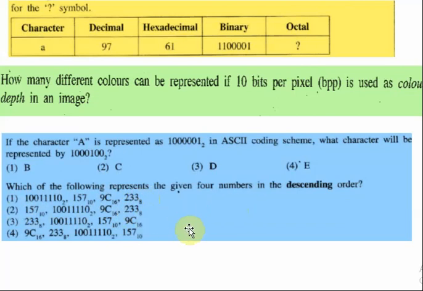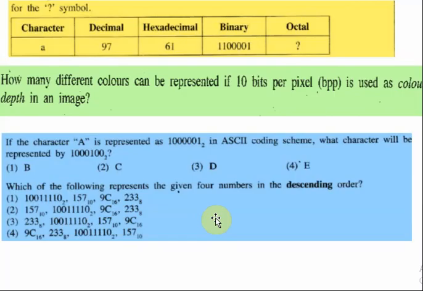Then all will be in binary. Easily you can see: descending means higher to lower value, ascending means lower to higher value. It's very simple, nothing to confuse. Only octal 3, hexa 4, that is all you need to remember. Whenever you see a question, you should know how to group it.